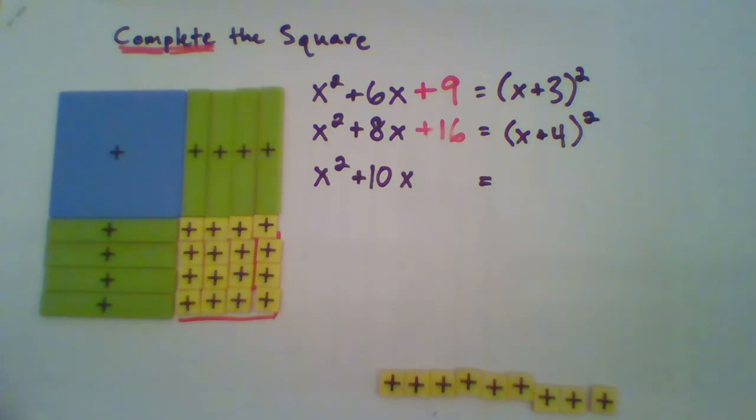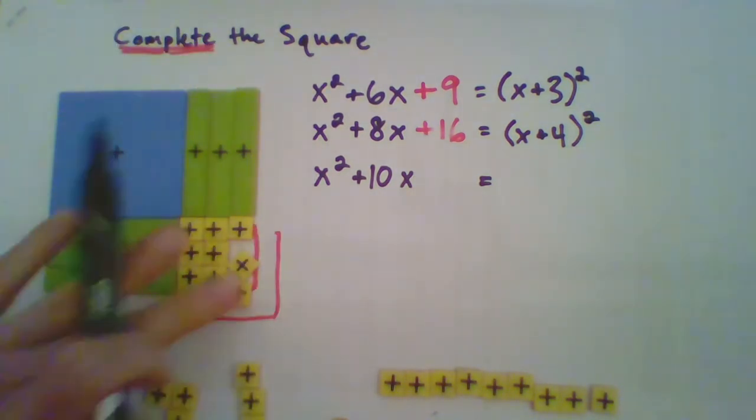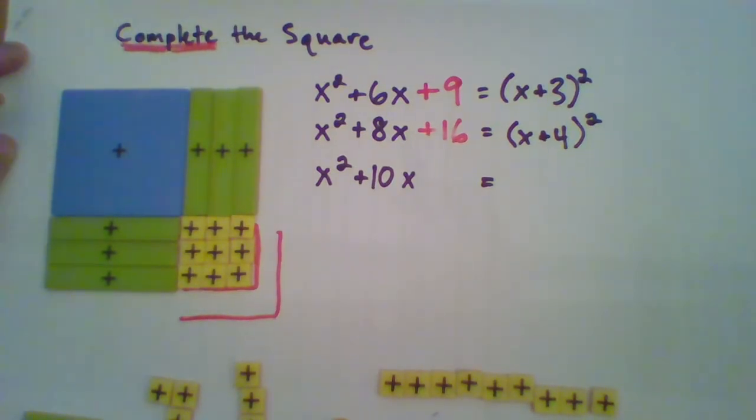If you've noticed a pattern, the pattern that we're doing here is every time we have a certain number of x's, we have to square half of those x's. So in this case we had 6 x's, and then we had to split those in half, right? So we had 3 x's here and 3 x's here.